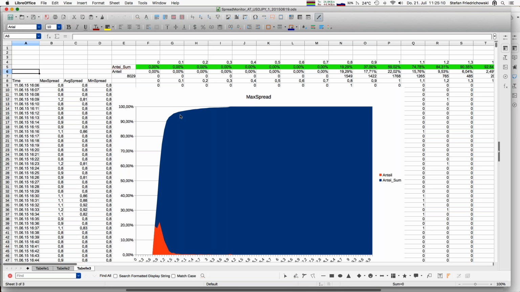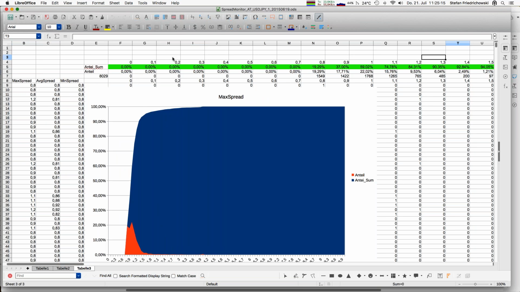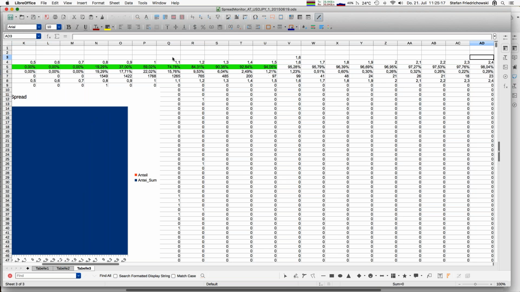Once again, I look for the 95% criteria, and going a little bit here to the right, I see, okay, for this underlying US dollar Japanese yen, it's 1.6 bips, and that is exactly the value I use for trading. For that underlying, so not using it for trading.